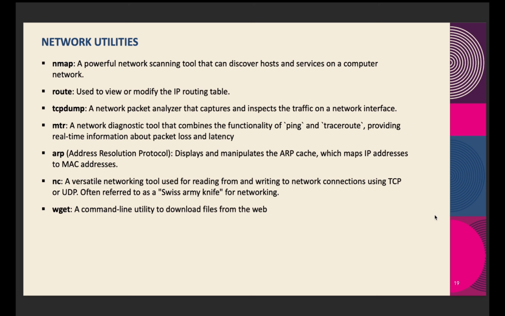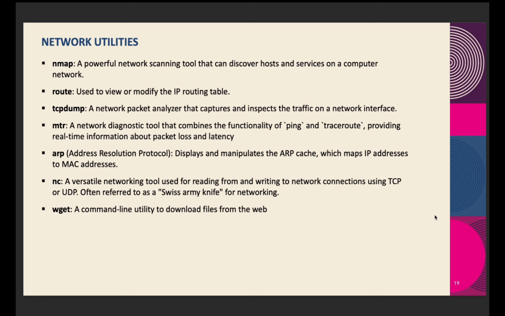It's a powerful network scanning tool that can discover hosts and services on a computer network. Route is used to view or modify the IP routing table. Tcpdump is a network packet analyzer that captures and inspects the traffic on a network interface.